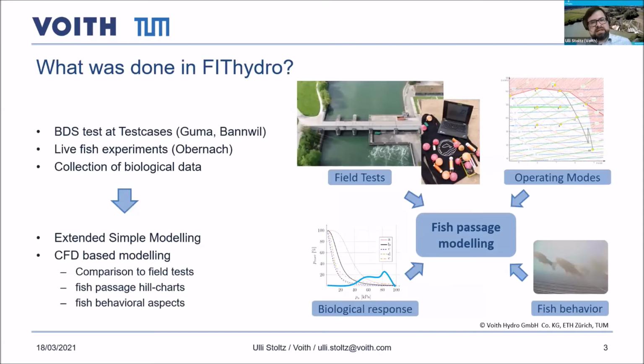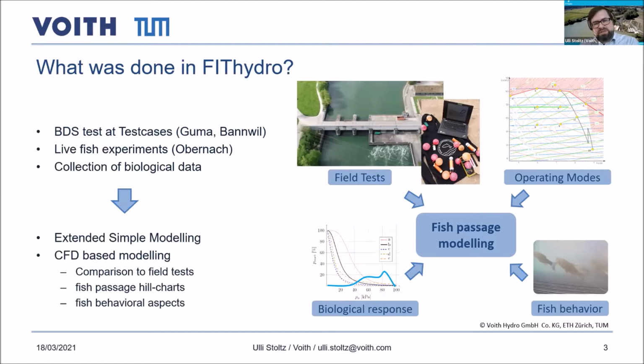Okay, so what was done in the FIThydro project? We had several test cases, like the Guma power plant and the Bad Bill power plant in Switzerland and in Spain. And there were also live fish tests in the laboratory of the University of Munich in Obernach. For all of these three test cases, Jeff and his team were putting sensors through the turbines.